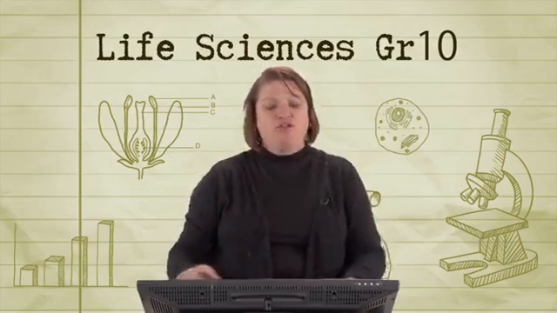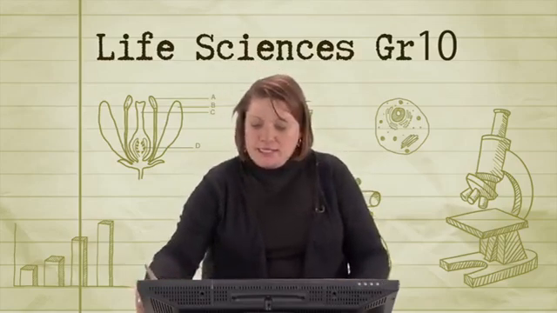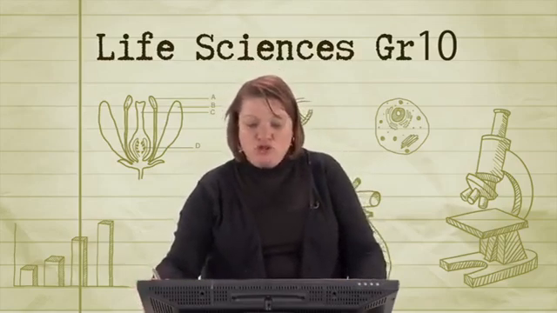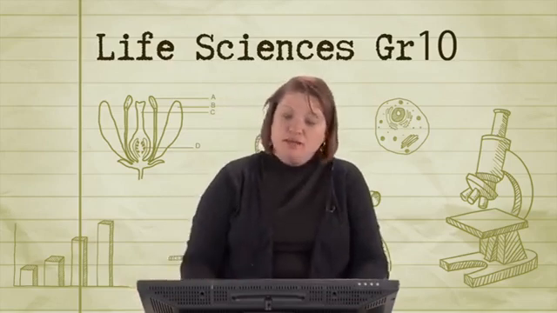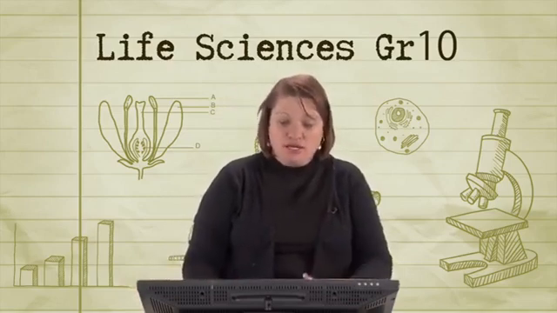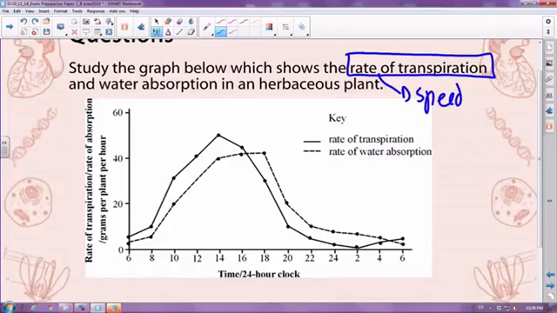Okay, so let's have a look at the graph. Study the graph below, which shows the rate of transpiration. Now, this is where you need to look very carefully. The rate of transpiration is this blue line.